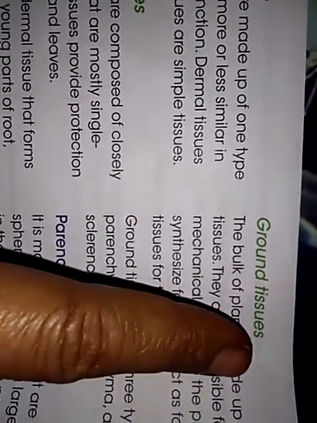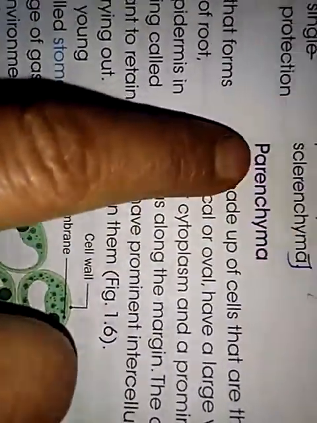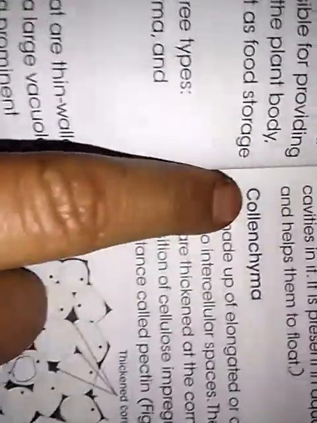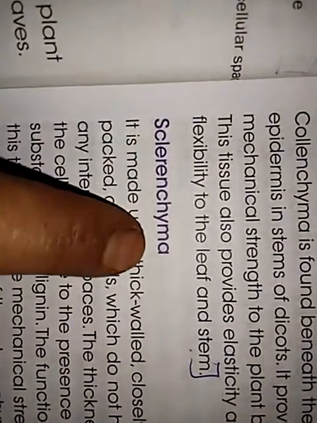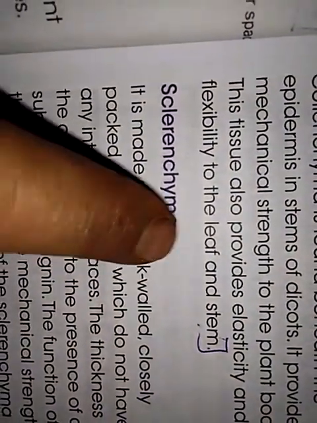That is parenchyma, collenchyma and sclerenchyma. Ground tissues are present in three types: parenchyma, collenchyma and sclerenchyma.